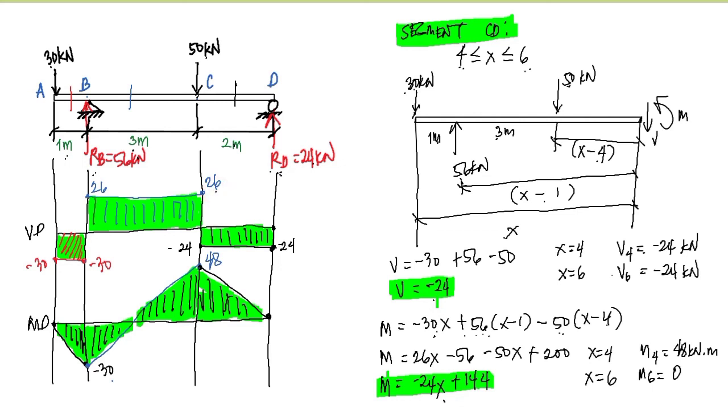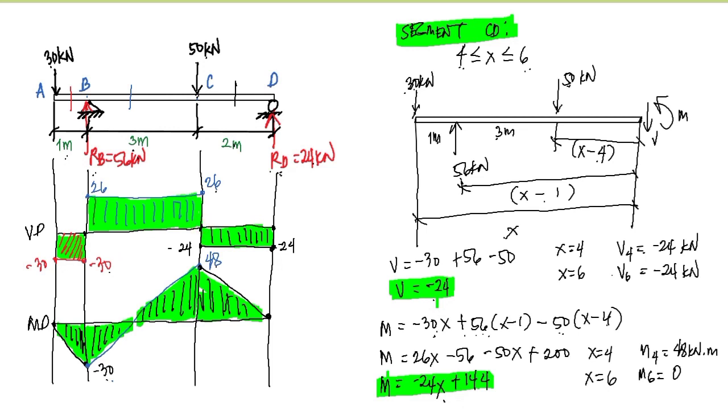What is the value of the maximum negative shear? So the answer is negative 30. And of course, that's kilonewton. And what is the value of the maximum negative moment? And that's negative 30, located at the 0 shear. And what is the value of the maximum positive moment? That is 48 kilonewton meter, which can be found at the location of the 0 shear.